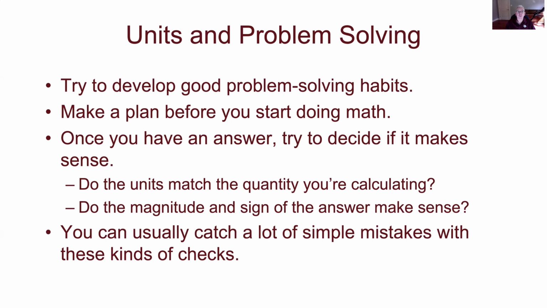The fact is you can stop yourself from making a lot of simple mistakes by just doing checks like that, okay? And if you learn to do that when you're solving problems in your homework, say, then you'll have that skill when it comes time to take a quiz or an exam, and you'll avoid picking the nonsense answer that's there among the choices, and just get to the ones that actually could make some sense.